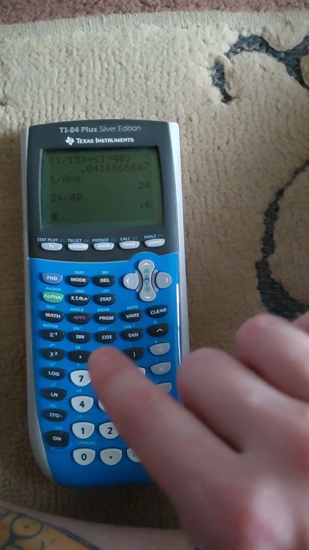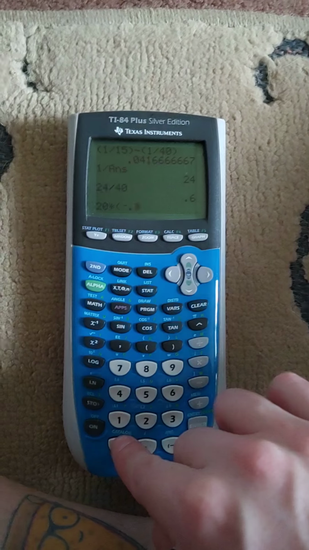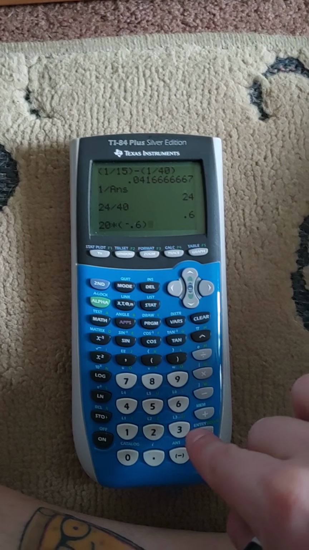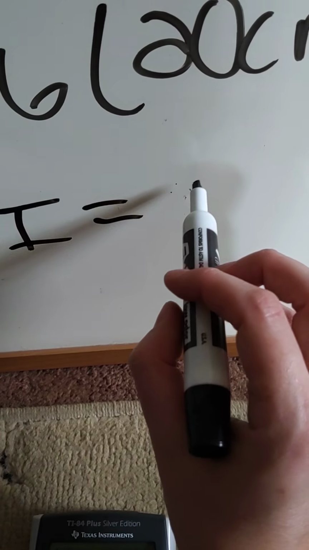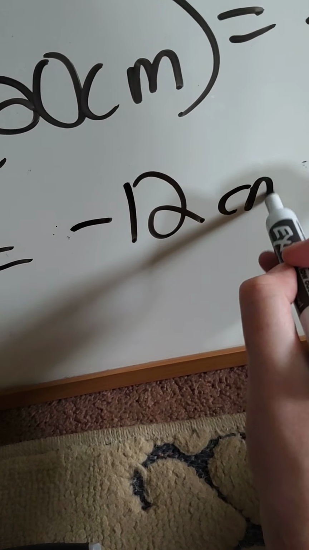So going on down here, 20 times minus 0.6 equals I is equal to minus 12 centimeters.